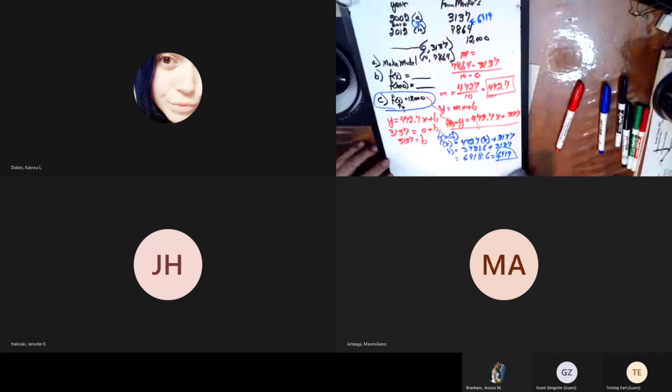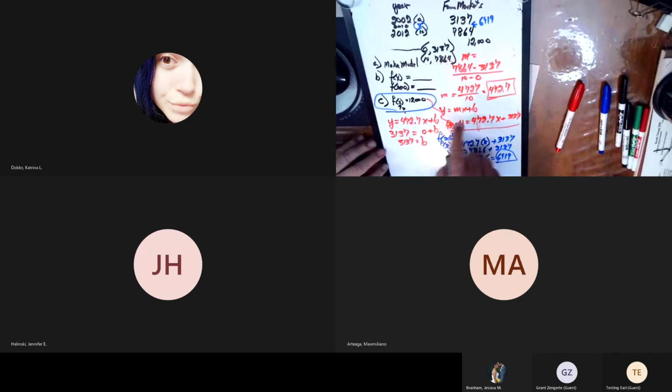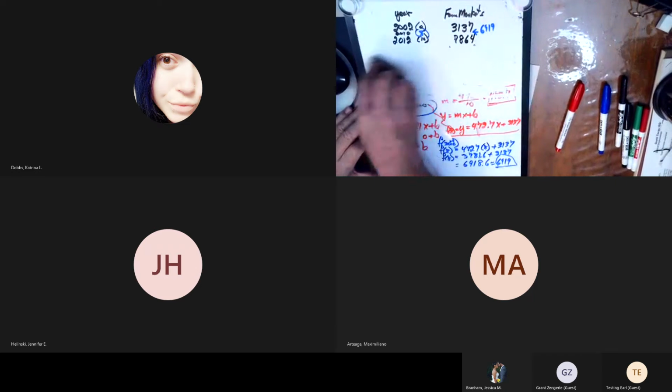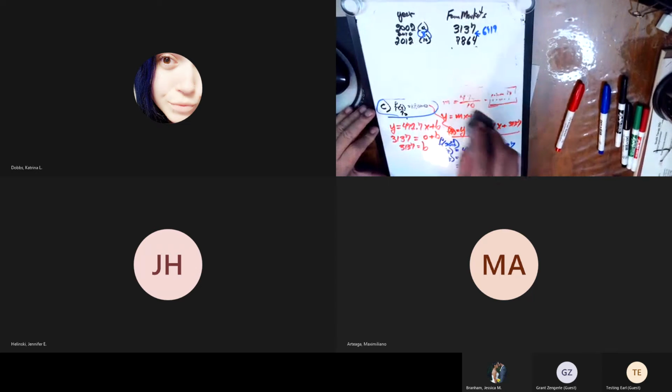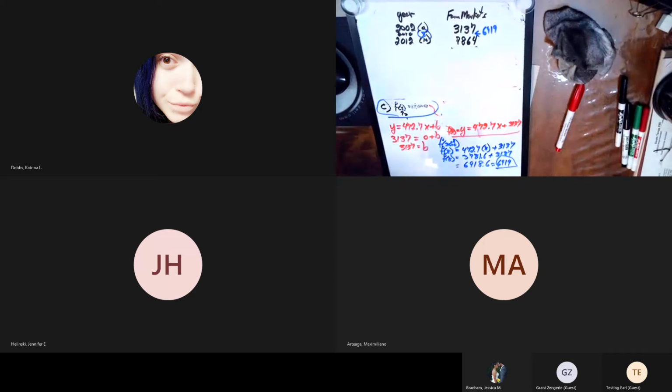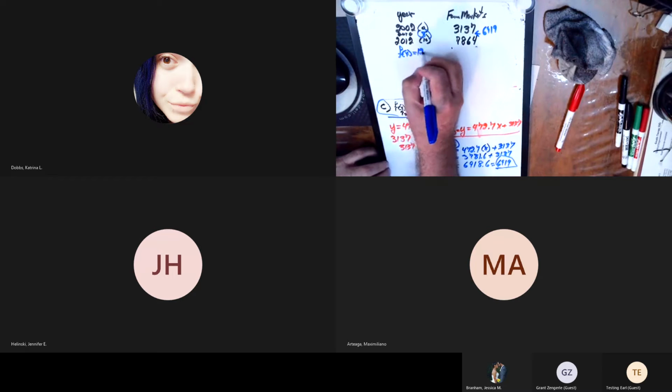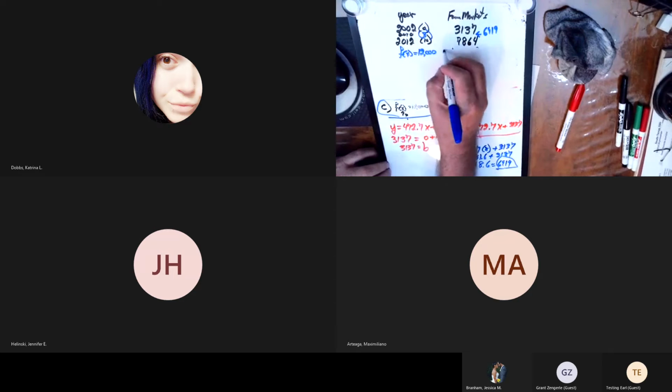My model is right there, so I'm going to erase above it. When f of x equals 12,000, I want to know what x is.